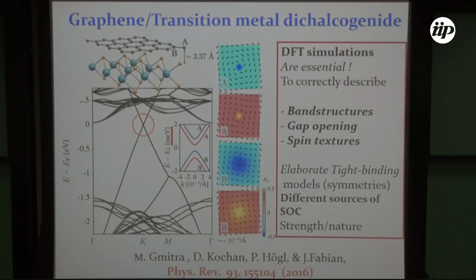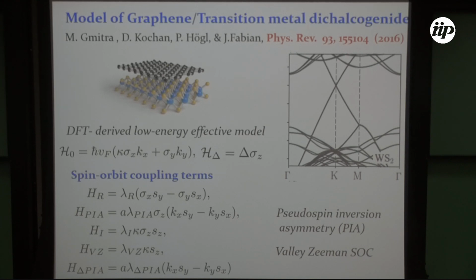And very essential information is what is the spin texture of the state. I said the Rashba is in plane and winding this way. They found that because of the complexity of the symmetry, there are out-of-plane contributions. But beyond the DFT, they also elaborated models to extract the origin of all this spin effect.